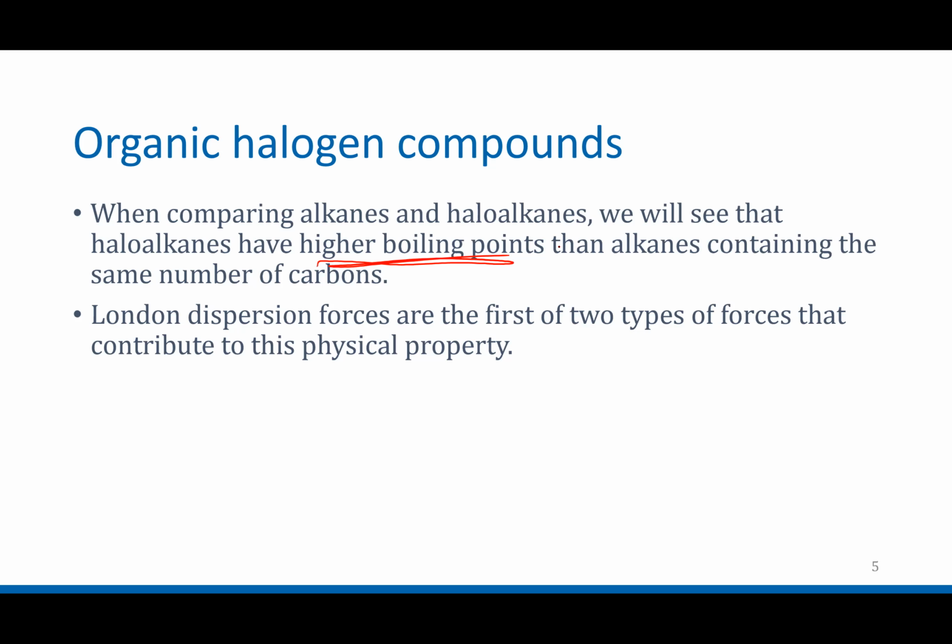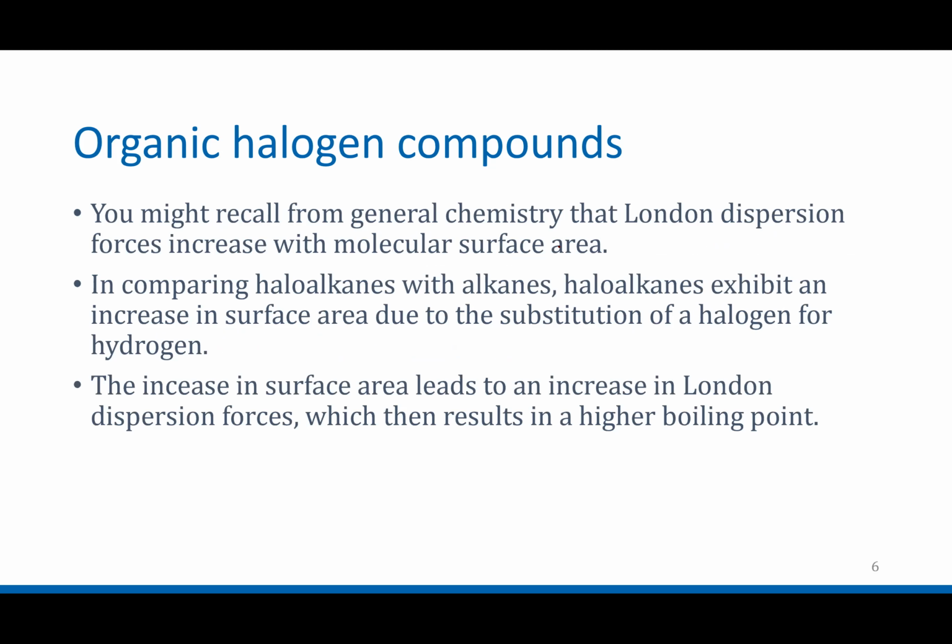So something like propane compared to, let's say 2-chloropropane, the halogen one, the 2-chloropropane, would have a higher boiling point. London dispersion forces, like I said, increase with surface area. So haloalkanes have more surface area, more electrons, more importantly.